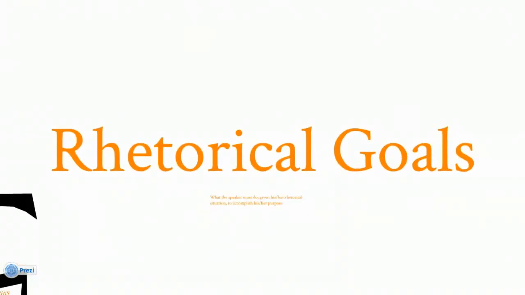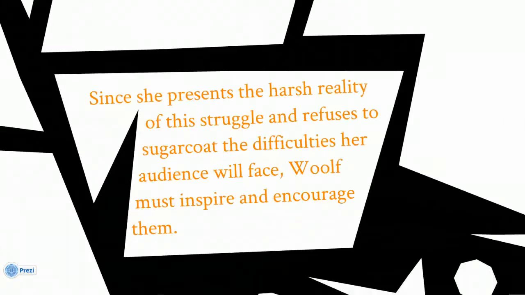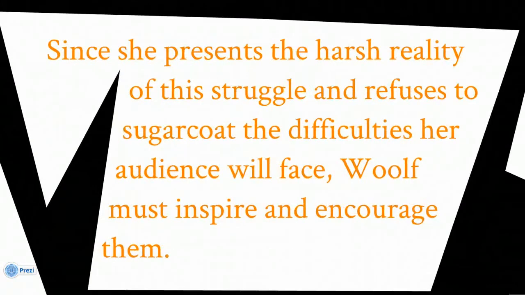Now let's talk about some of the rhetorical goals that Woolf needs to meet before she can accomplish her purpose. And the first thing I want to talk about is, since she refuses to sugarcoat the difficulties her audience will face, Woolf must somehow find a way to inspire and encourage them.